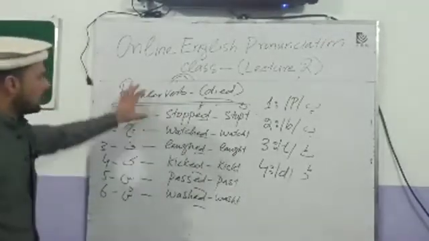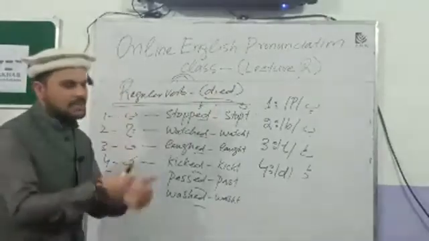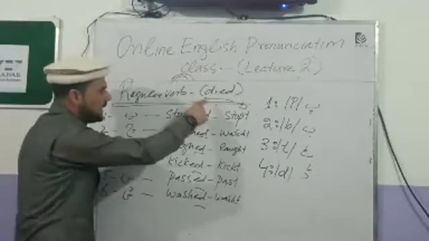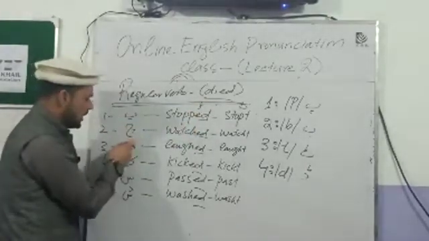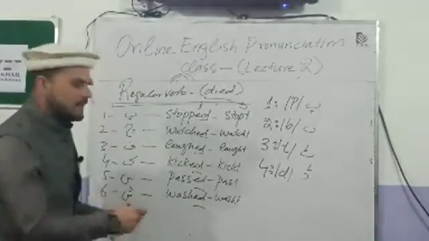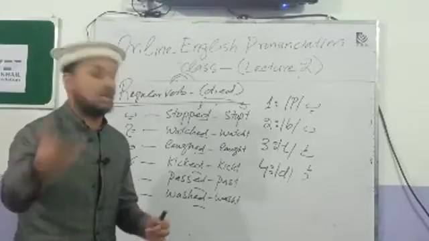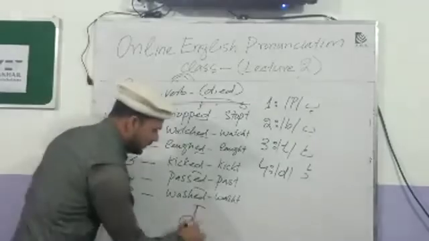So in regular verbs, when we add d or ed, at the second and third form we always find d or ed. Fine. Before that d or ed, if these six sounds, p, ch, f, k, s, and sh, come, then that d would not be pronounced as "da", it would be pronounced as the t sound. Then not d, t would be pronounced.